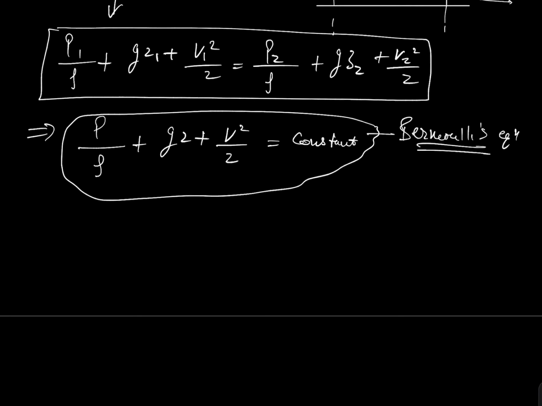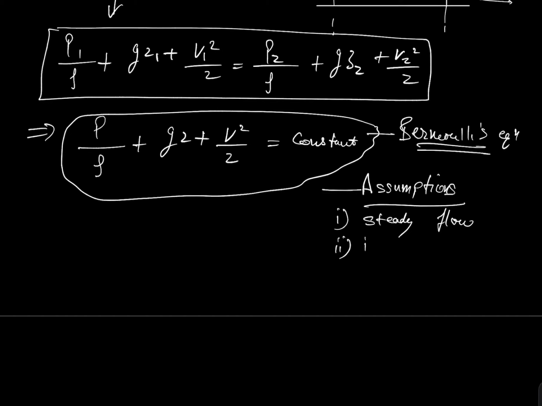Now here you must remember that this equation has certain assumptions, same as the Euler equation. What were those? Flow is steady. Second, inviscid or non-viscous flow.